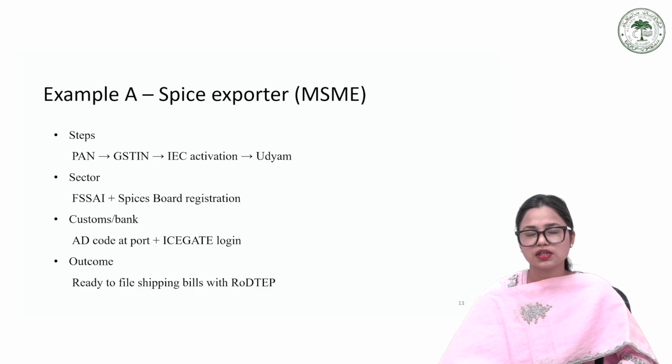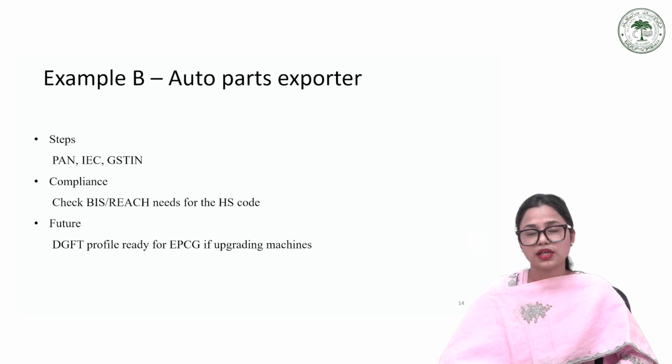So here we have seen how the registration flows and how it is driven by which sector the exporter is from. In this particular example, the exporter has to complete some additional registration formalities with FSSAI as well as the Spices Board of India. Let us look at another example involving an auto parts exporter.